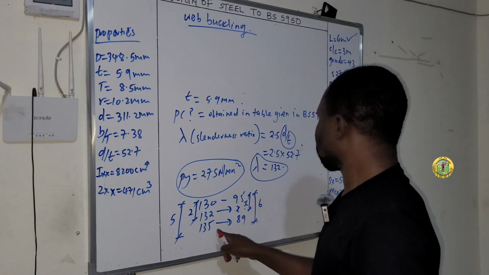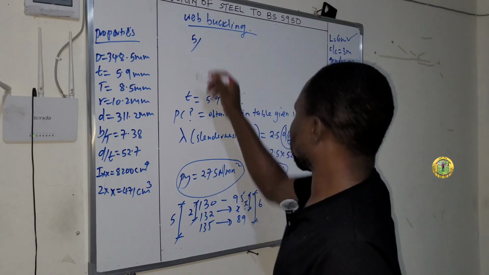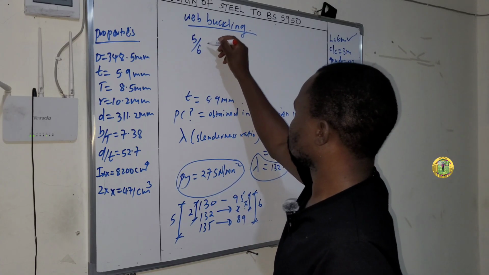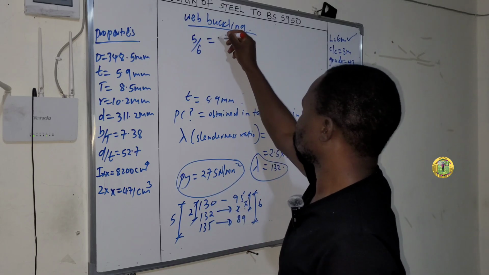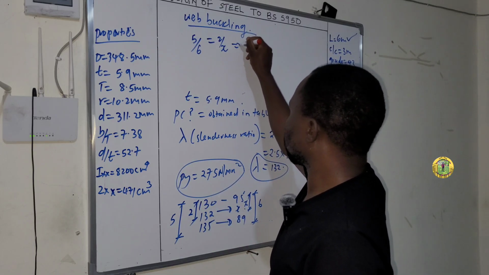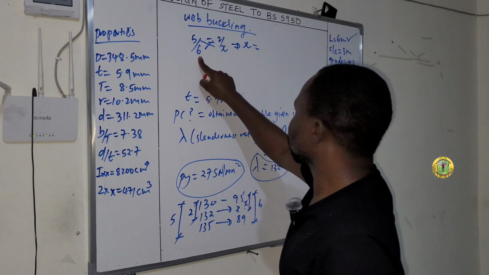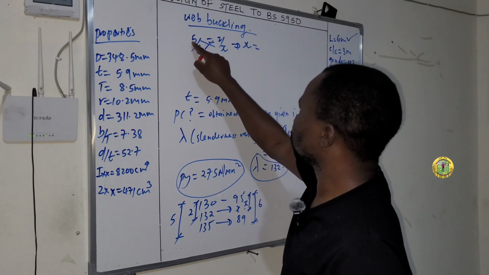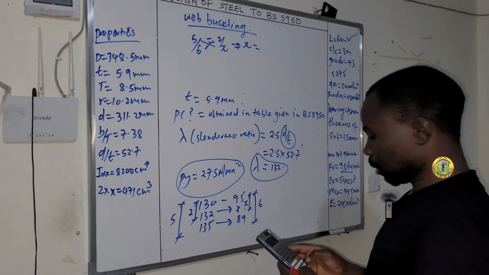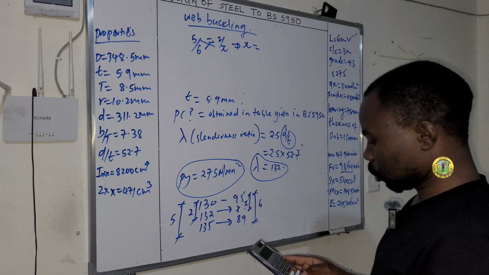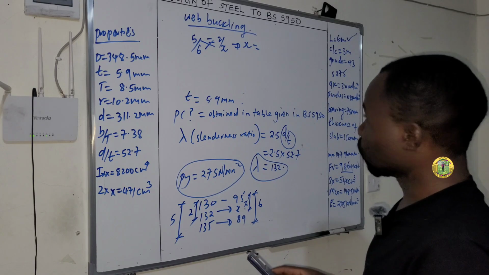So you take 5, compare it with 6, then 2 with x, which implies x is equal to, you will cross multiply, 6 times 2, then you divide by 5. So this is 12 divided by 5, not 2. So this is 2.4.